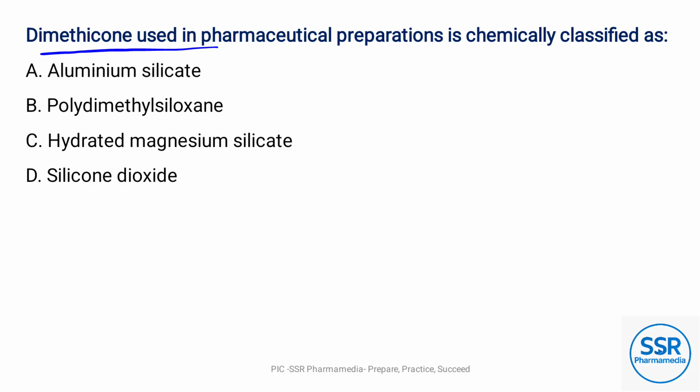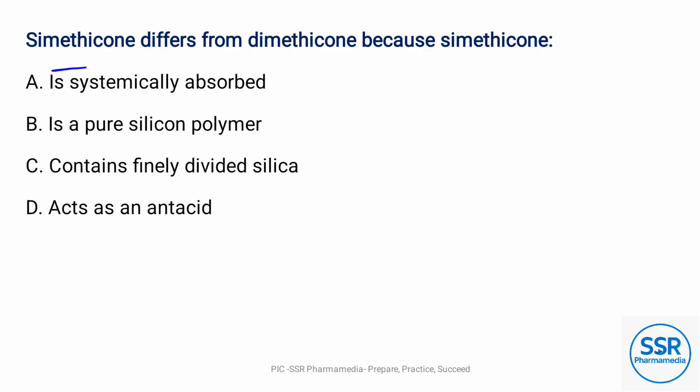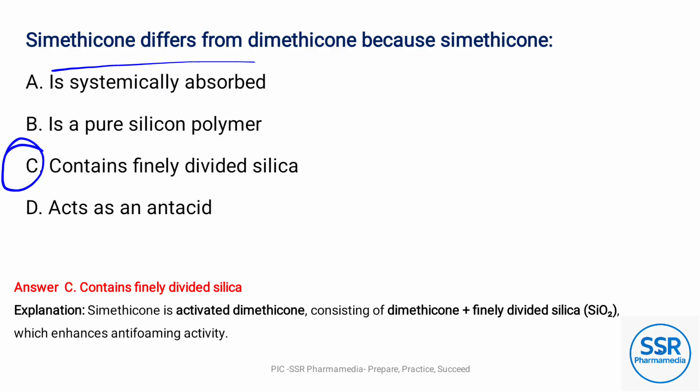Dimethicone used in pharmaceutical preparations is chemically classified as, option B, polydimethylsiloxane. Simethicone differs from dimethicone because simethicone, option C, contains finely divided silica.